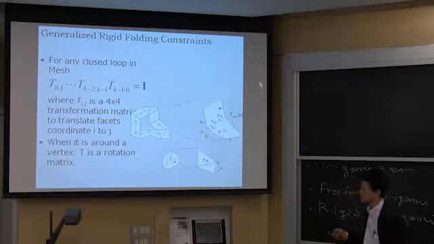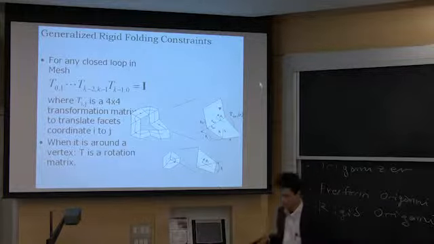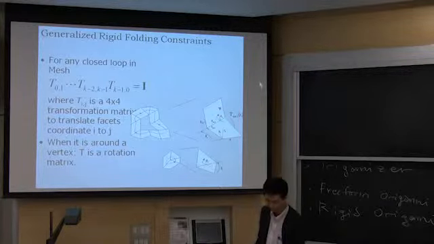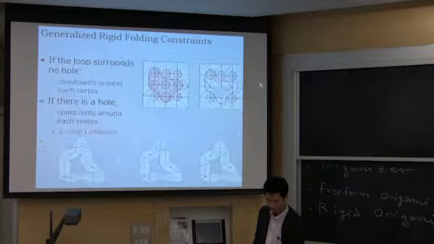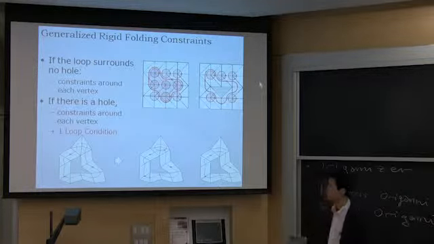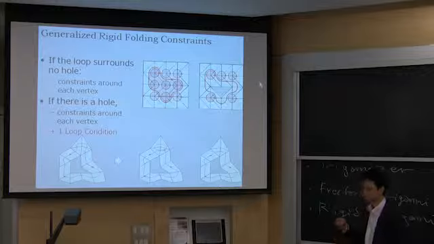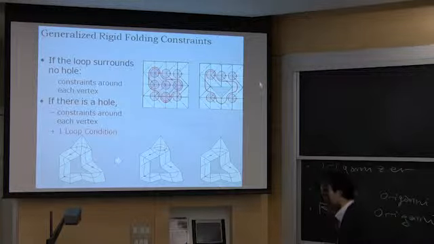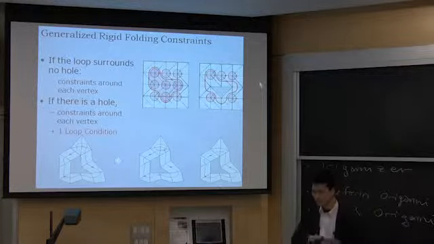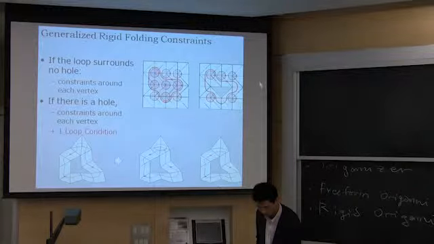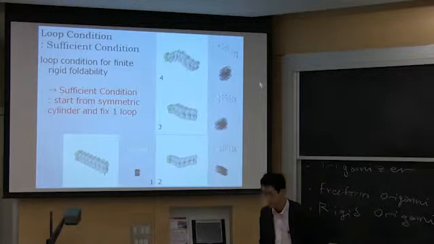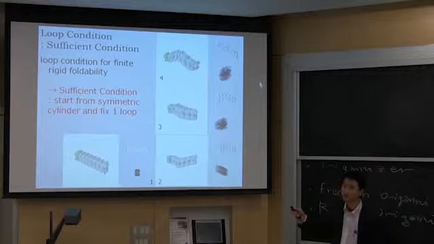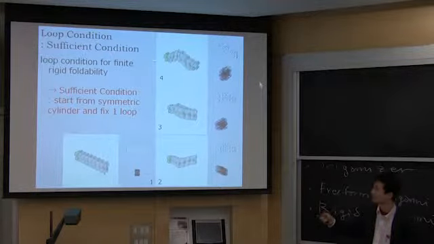but you have to think about the conditions around a hole, and actually, this is a more difficult condition to solve than the disk version. However, you can do that by fixing the first loop.